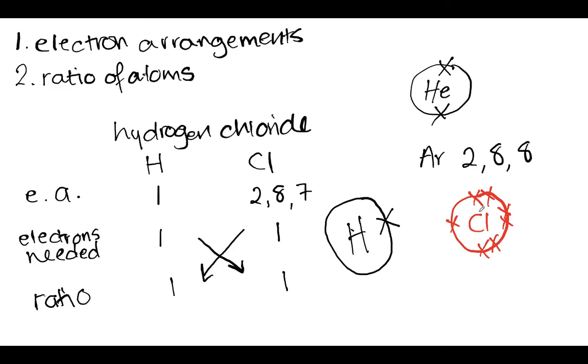So when hydrogen and chlorine bond together, they bond together by sharing this pair of electrons. And this is how you draw it.